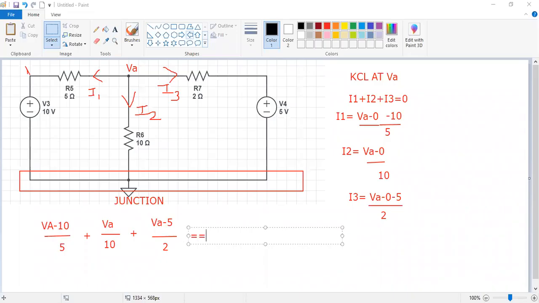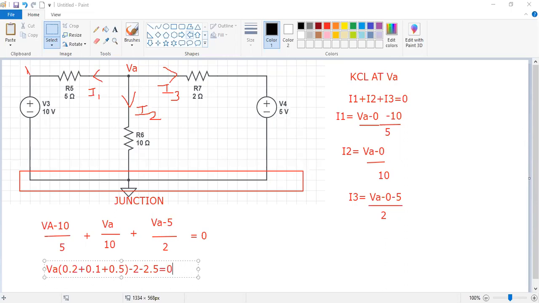Then we can find what VA is. Make VA common here. By making VA common, 1 by 5 is given as 0.2, plus 1 by 10, that is given as 0.1, and 1 by 2 is given as 0.5. So the brackets close here, and minus 10 by 5 will be minus 2, and minus 5 by 2 will be minus 2.5.